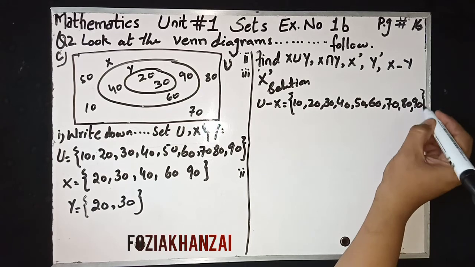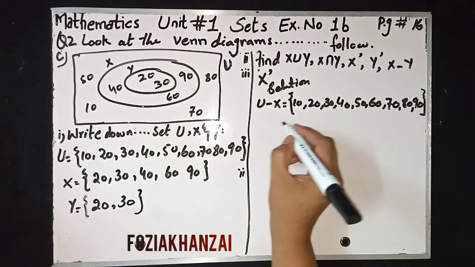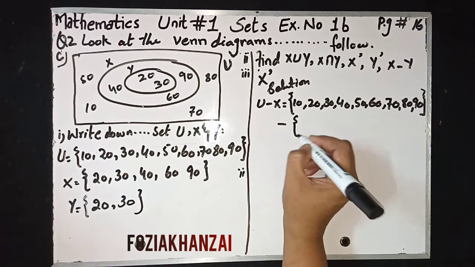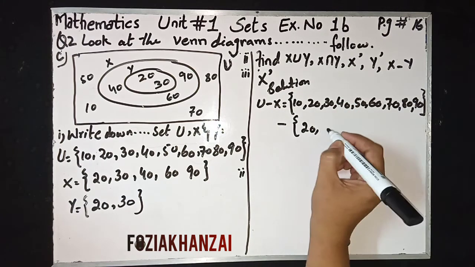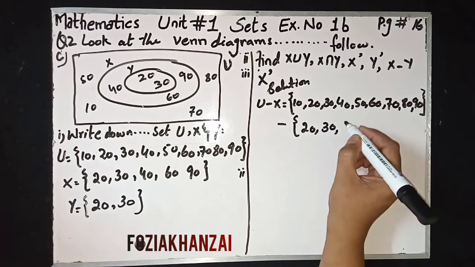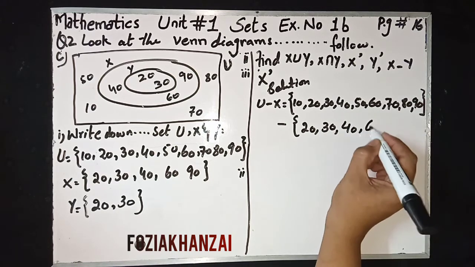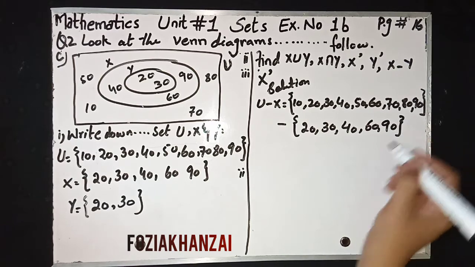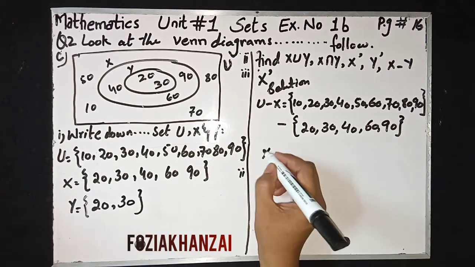Okay, these elements are included in the universal set, difference sign, then the elements of set X: 20, 30, 40, 60 and 90. Bracket close. Now we find the complement.